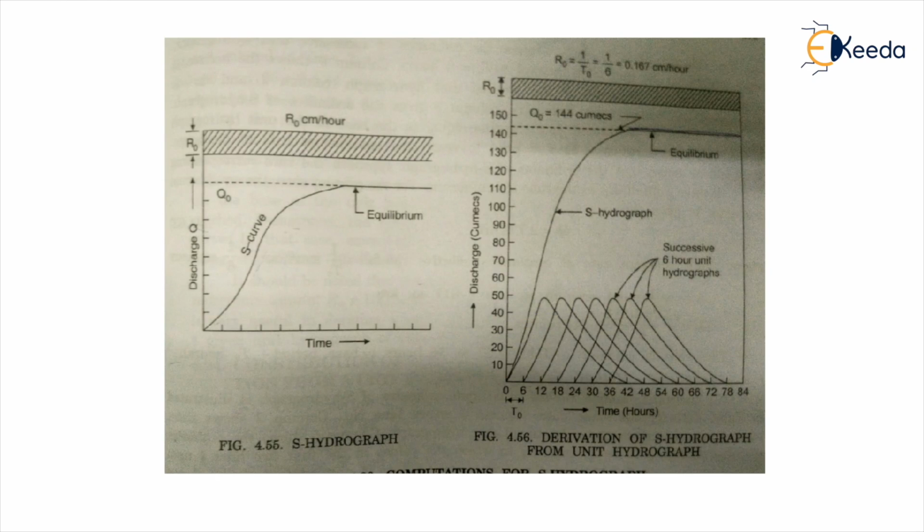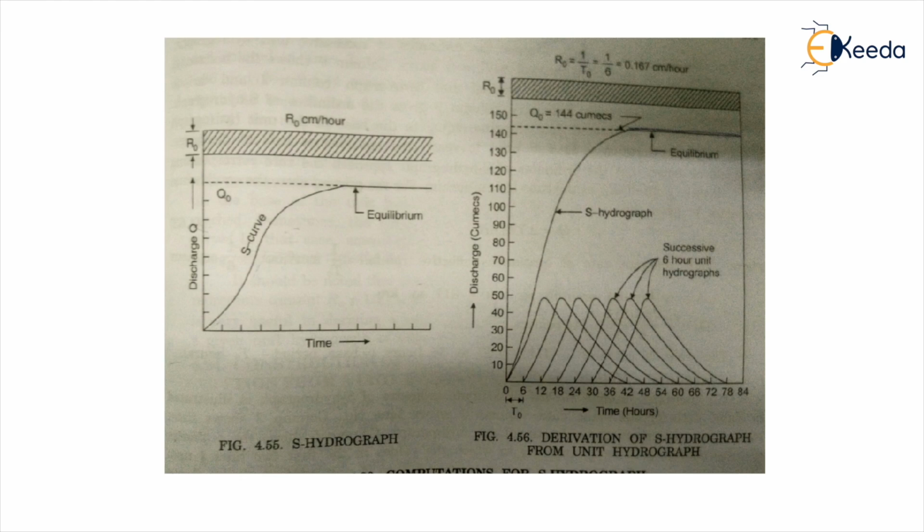So let's see the diagram of this S hydrograph. In the first diagram, you can see the S-curve plotted as time versus discharge. This curve is continuously rising, and the equilibrium point is shown here. At this equilibrium point, you have a constant value of runoff discharge. Depending on this hydrograph, we can plot the effective rainfall diagram also.